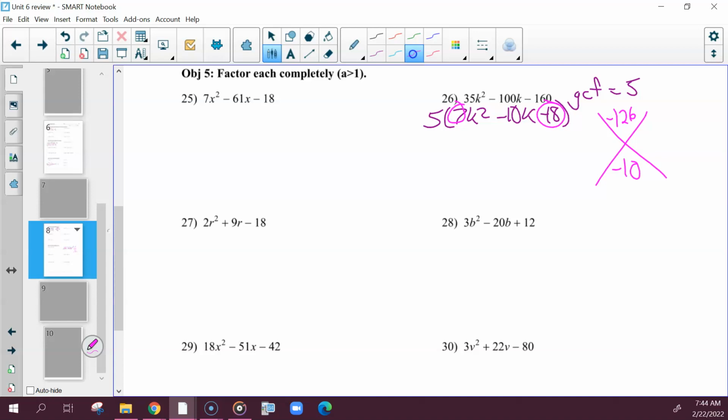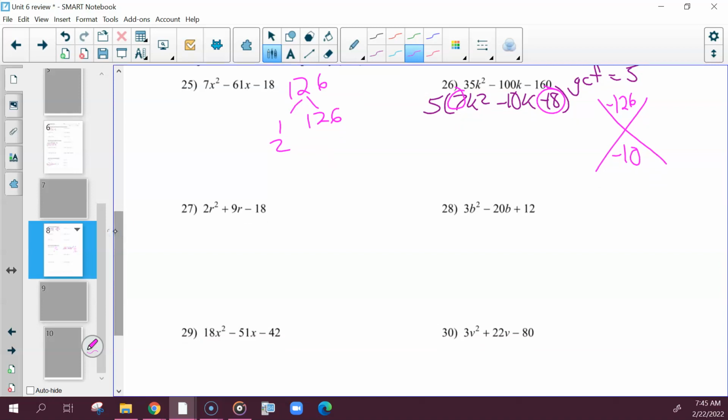Let's write out some factors. 1 and 126, 2 and 63. Double check it.